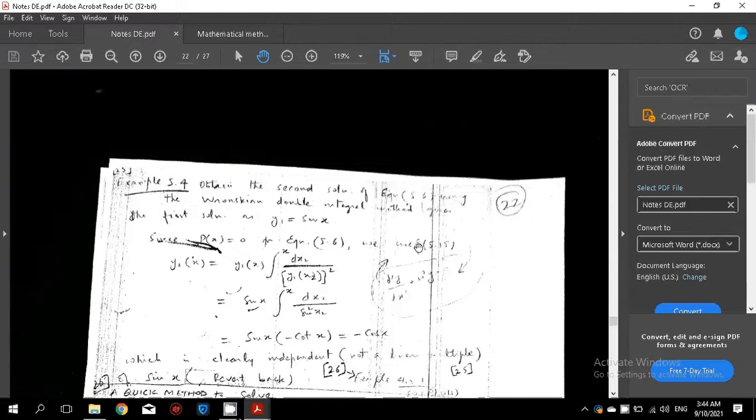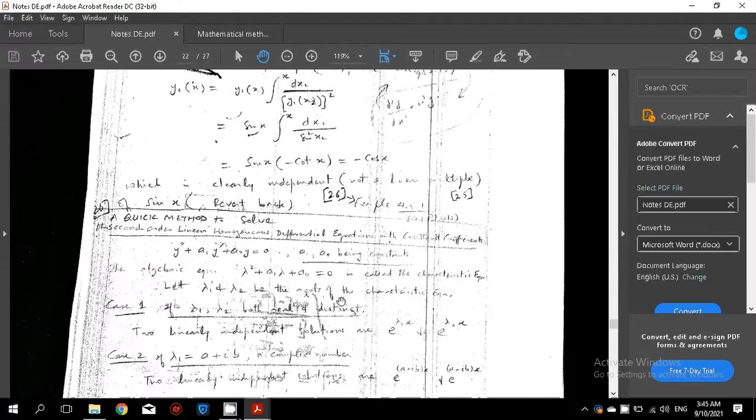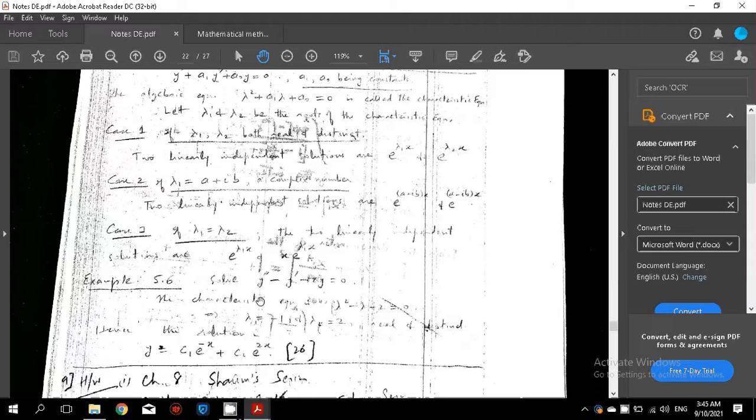Right, so this is how we are now able to get both solutions of the homogeneous differential equation. Now this portion of the page represents that if your differential equation is with constant coefficients, if p(x) and q(x) are constants, then you do not need to go through the series method.